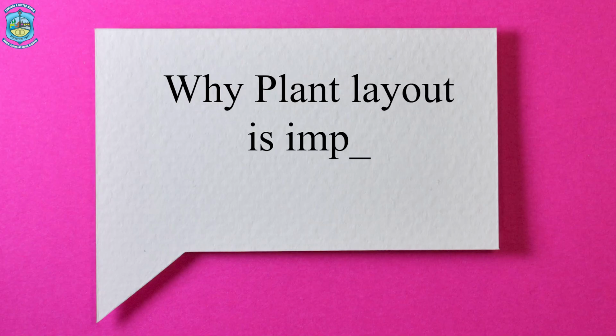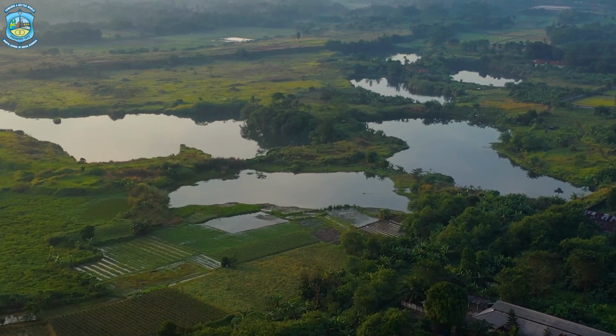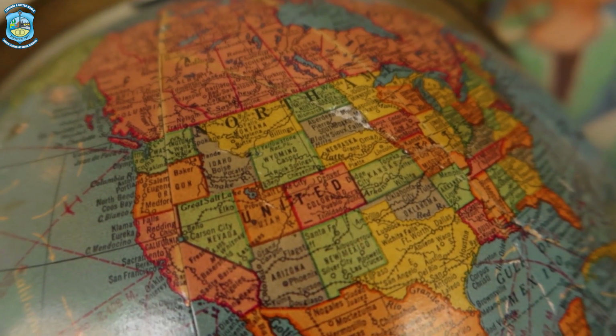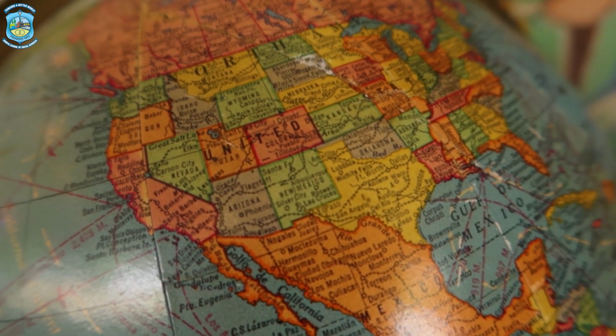So now let's see why plant layout is important. It is important because of the geographical limitations of the site and to minimize the distances of transfer of materials between the plant and the storage units, which ultimately reduces the cost and the risk.